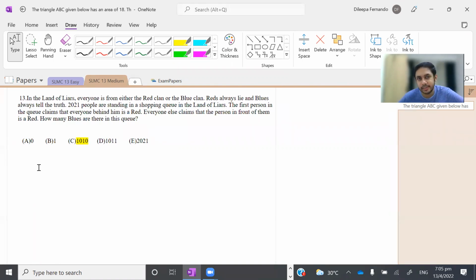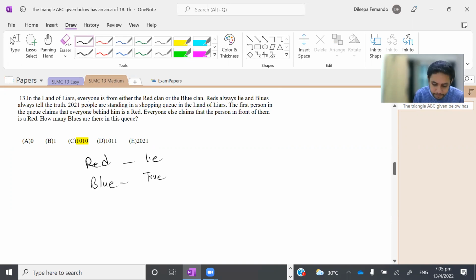So there are two clans, red and blue. Red always lie. Blue always tell the truth. 2021 people are standing in the shopping queue, and the first person claims that everyone behind him is red.